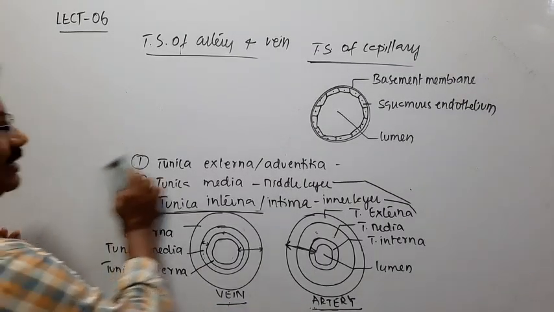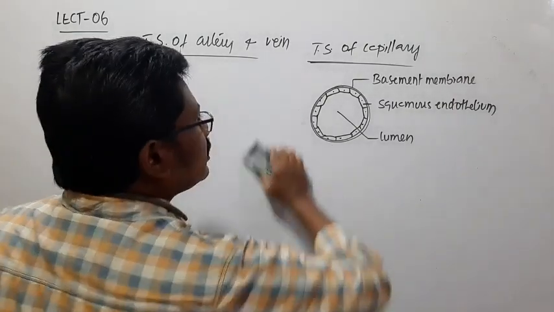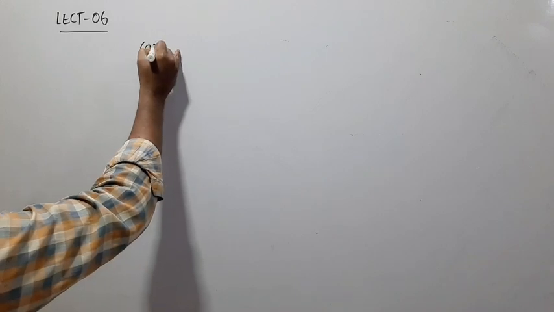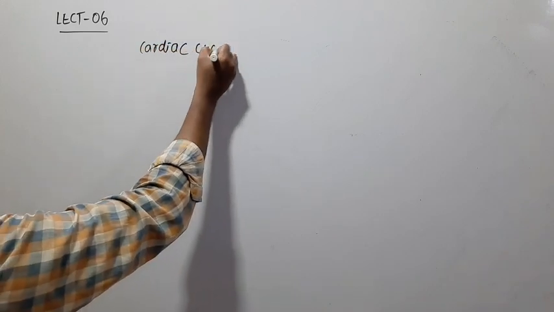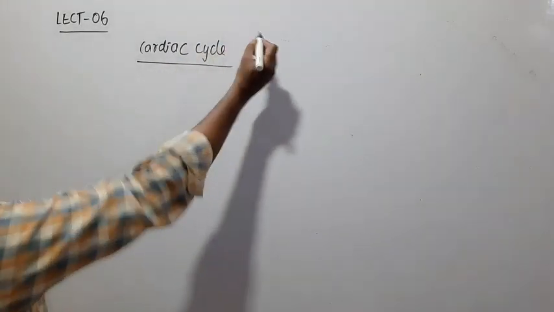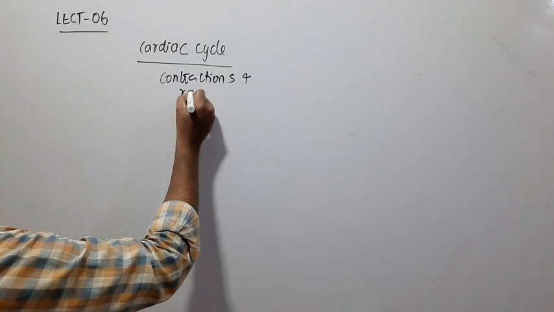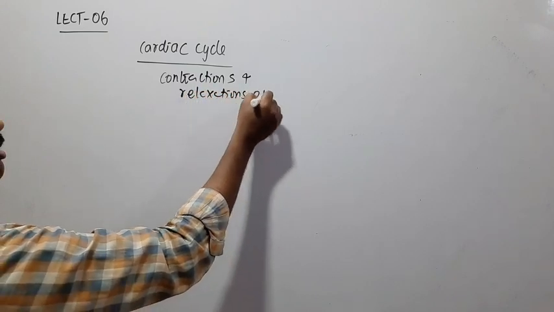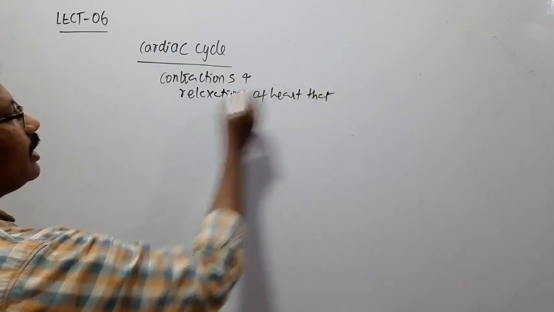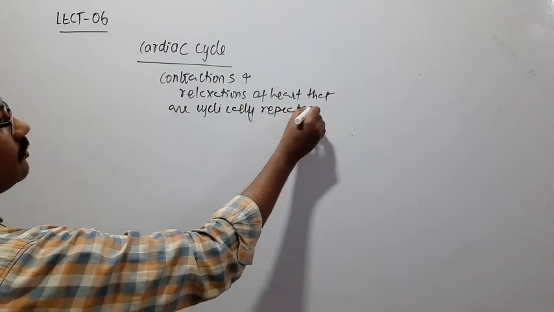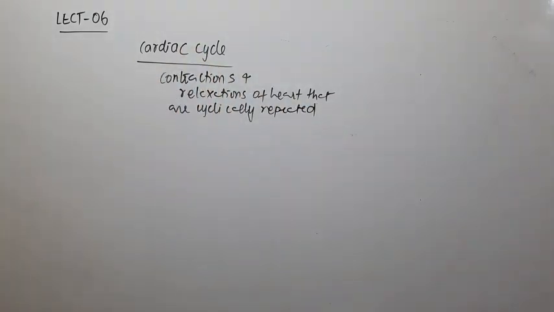So that's all about these blood vessels. Now let's see about the cardiac cycle. The contractions and relaxations of the heart that are cyclically repeated is what we call the cardiac cycle.